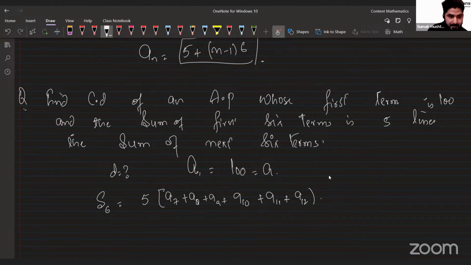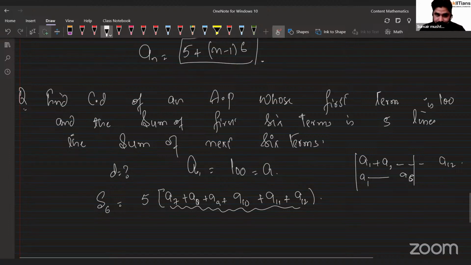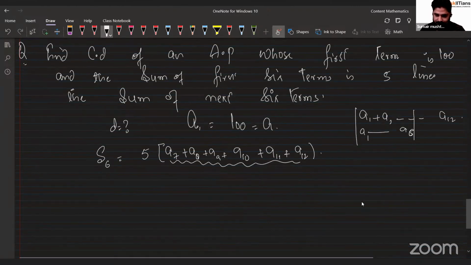Listen, I will tell you one thing. This whole sum is actually equal to the sum of the terms from 1 to 12 minus the first six terms. That means if I subtract the first six terms out of all these terms, I will get the rest of the terms.